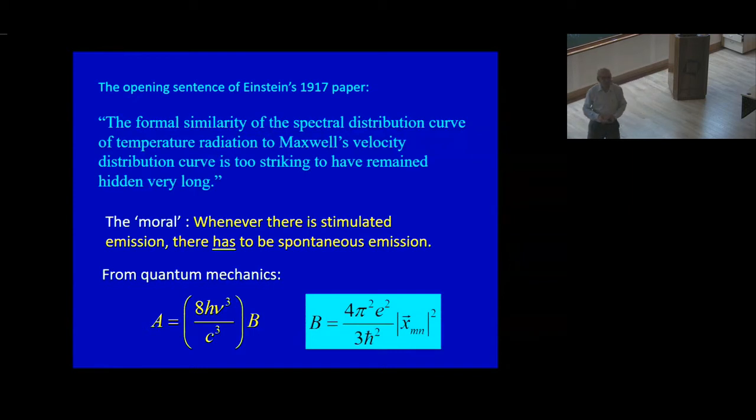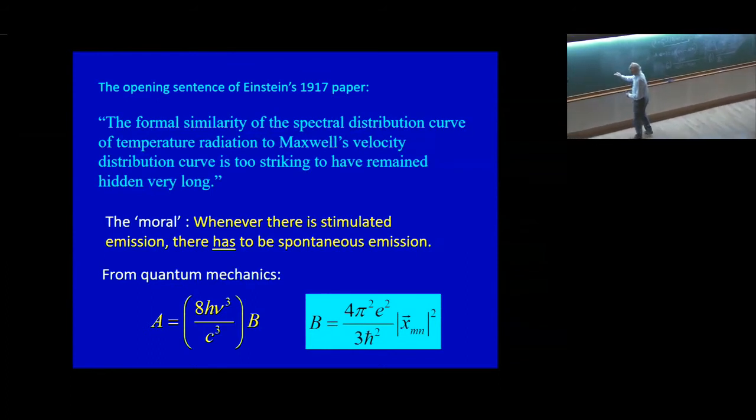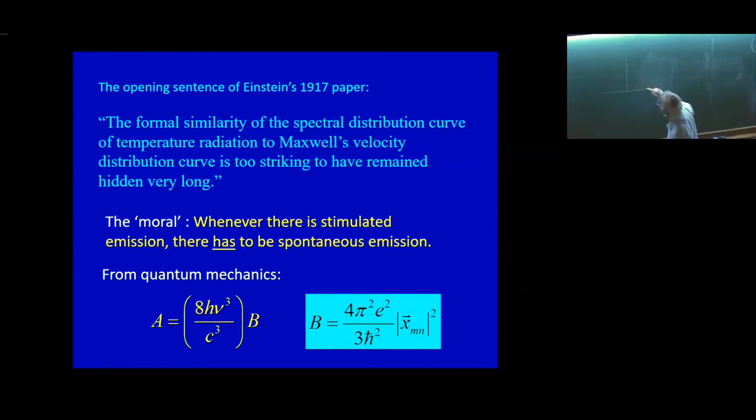Okay? So, black body curve, except there's one slight sloppiness, I'm astonished. It's not Maxwell's velocity distribution, it's Maxwell's speed distribution. Because Maxwell's velocity distribution is centered around 0. Whereas Maxwell's speed distribution, remember that, right?